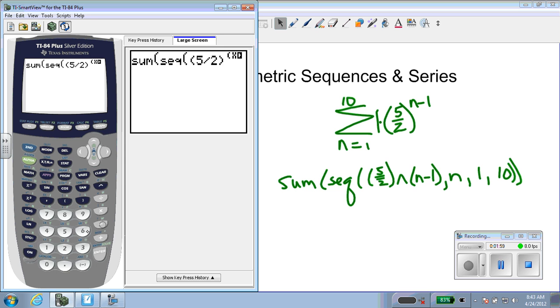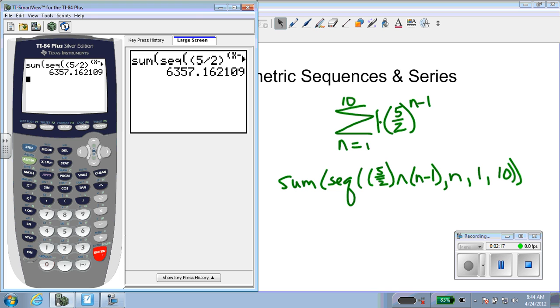X minus 1. Close that. And I need a comma, a variable, comma, index start at 1, comma, end at 10. Close, close.